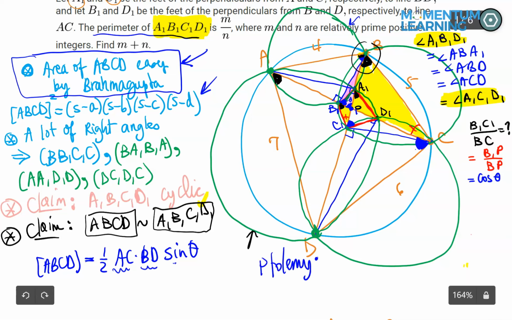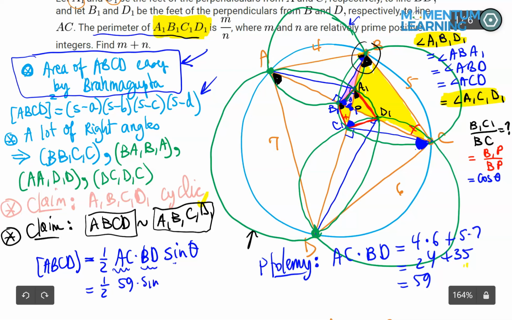On a cyclic quadrilateral, the product of the diagonals, in this case AC times BD, is simply the sum of products of opposite edges, right? So 4 times 6 plus 5 times 7, which is 24 plus 35, I suppose 59. So now coming here, 1/2 times 59 sine theta. So that's one way to calculate the area.